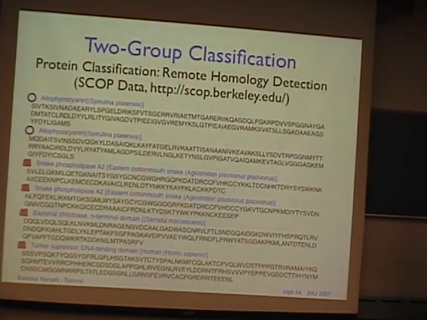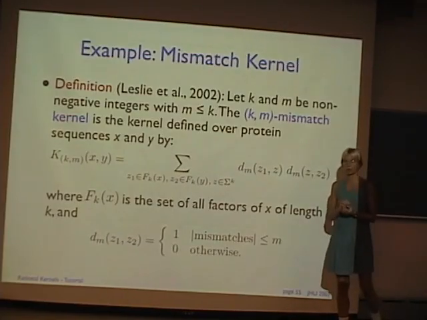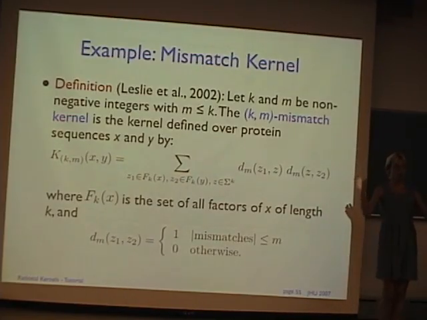One person that has worked in the area is Christina Leslie from Columbia University. She came up with this mismatch kernel, where you say that two strings of length k are similar if they're no more than m apart from a common ancestor. Say it again, please. They are similar if what?